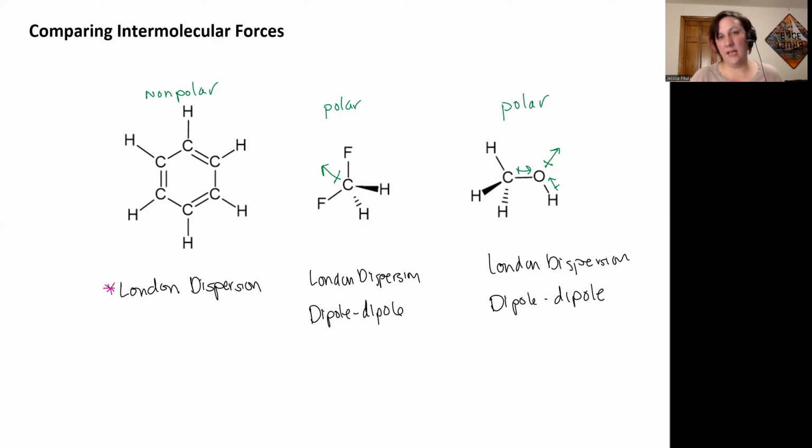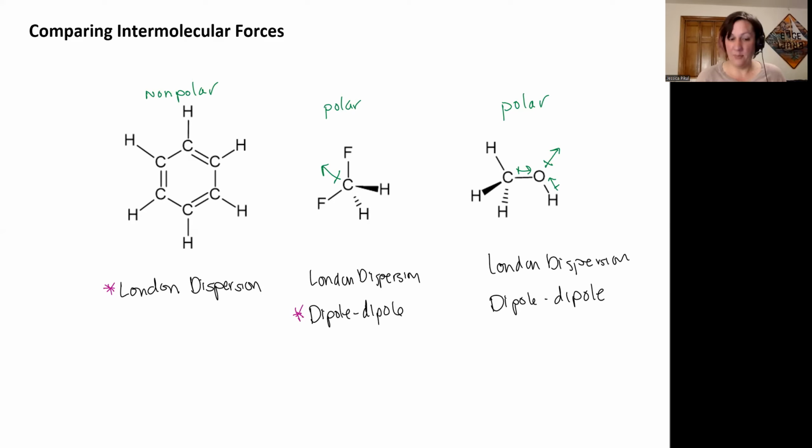And so I would say it would have the stronger dipole-dipole interactions just because the electronegativity difference is greater than carbon and oxygen. But we won't need to compare the strength of the dipole-dipole moments in this class too much. We're just doing this for completeness.